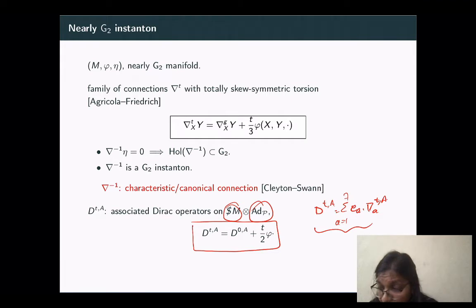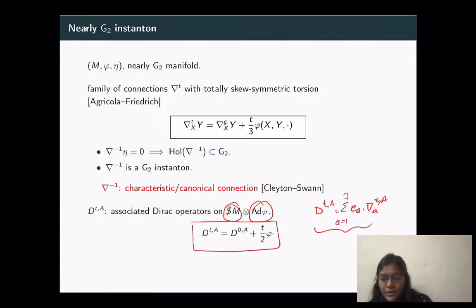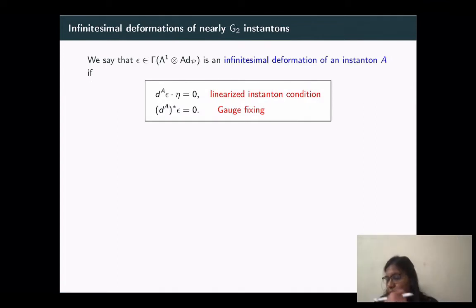So we will use this family shortly when we describe the deformations of the instanton. But before that, we need to know what we mean by the deformations of an instanton. So for this lecture, we'll focus only on the infinitesimal deformations.